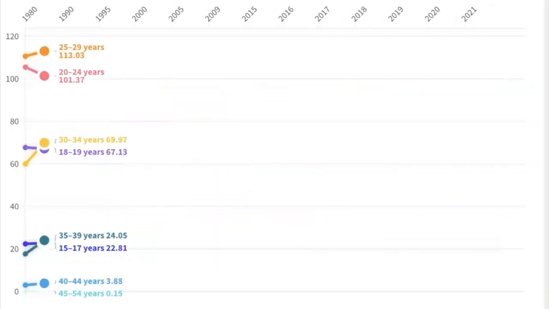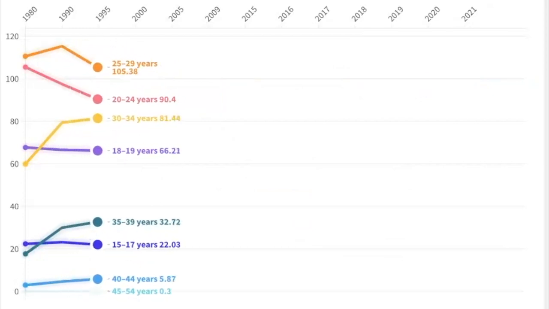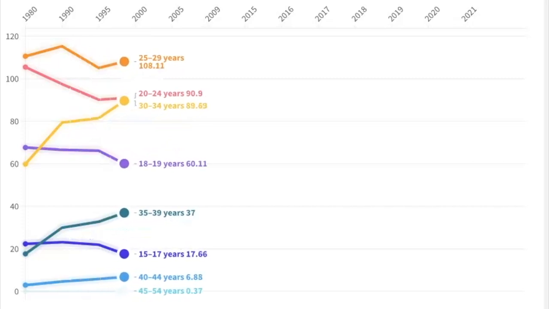This chart shows the changes in birth rate from 1980 to 2021 for white women from different age categories.